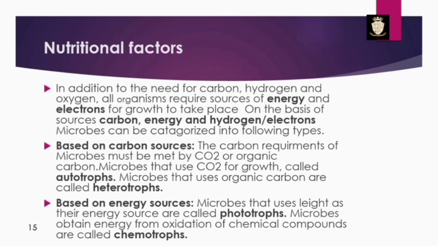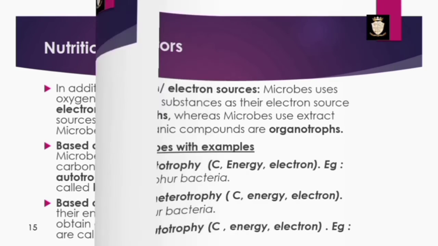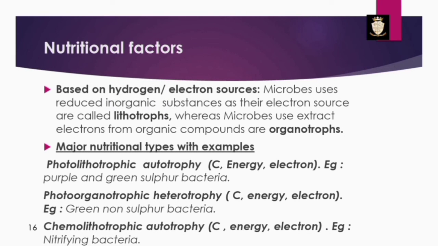The second one is based on energy source. Microbes that use light as their energy source are called phototrophs. Microbes that obtain energy from oxidation of chemical compounds are called chemotrophs. And the third one is based on hydrogen or electron sources.